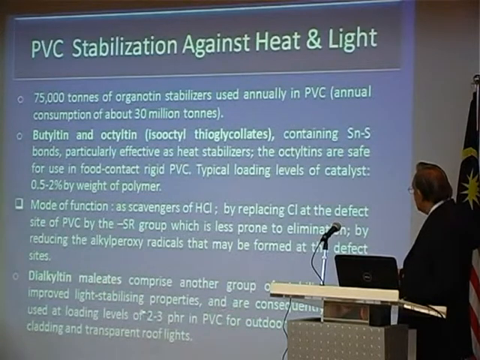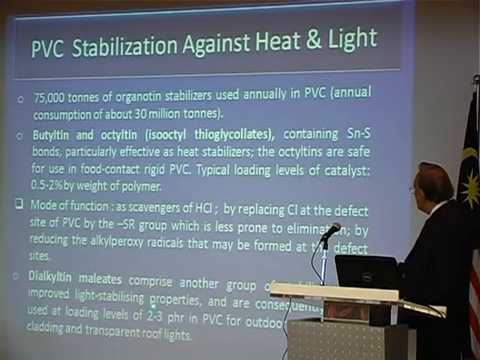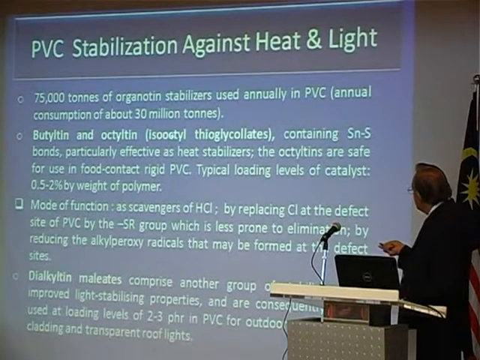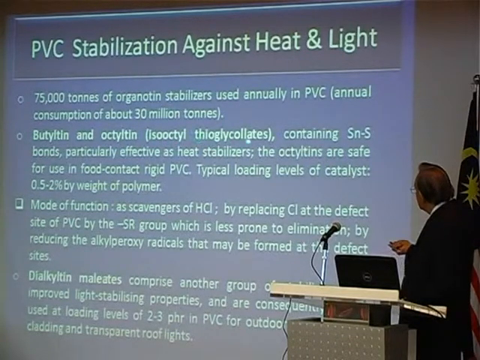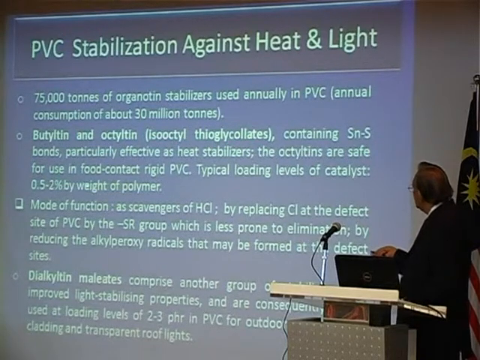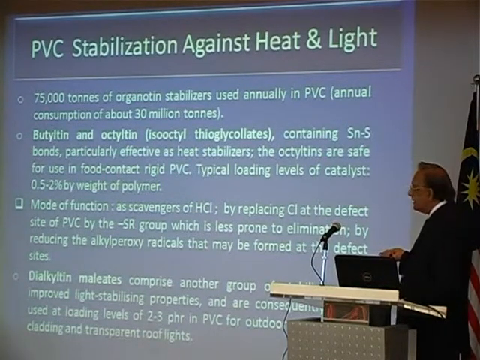Tin carboxylates are good for protecting PVC as light stabilizers, whereas the tin-sulfur compounds function as heat stabilizers. Now the octyl tin isooctyl stabilizer is so safe you can use it in food contact rigid PVC. It's safe for food as well.